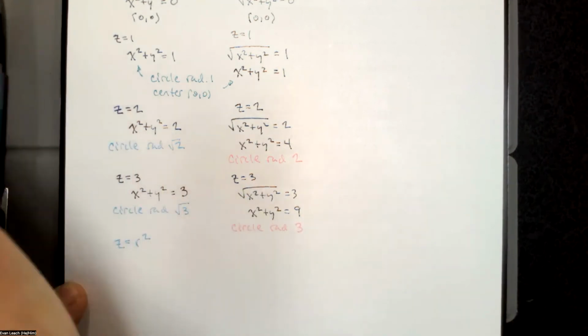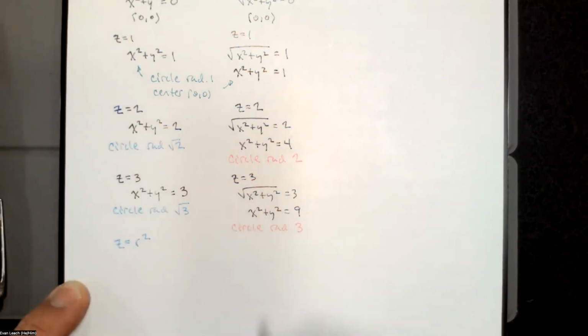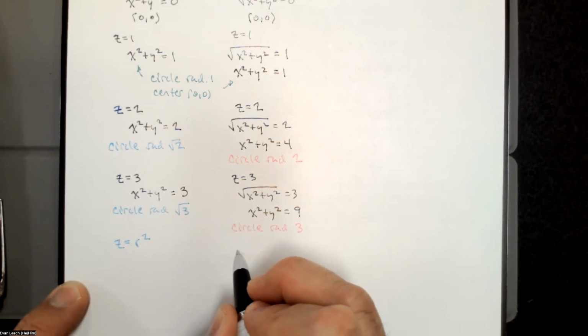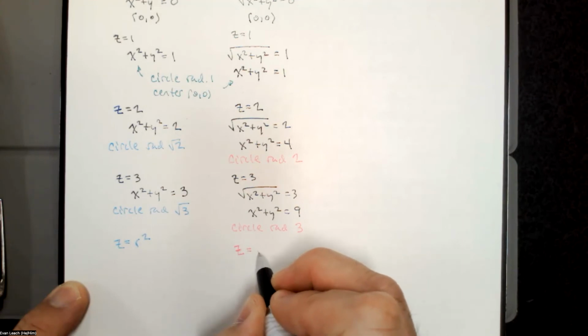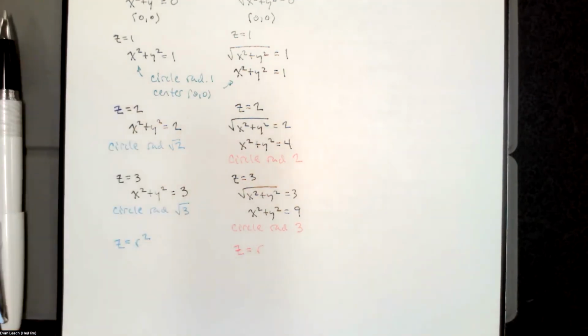And over here, the z value is the radius. So we see that the radius and the z value are proportional. If I double the z value, I will end up doubling the radius. But over on the non-square root version, the z value that we pick is the square of the radius.